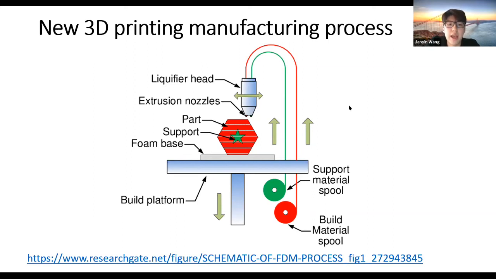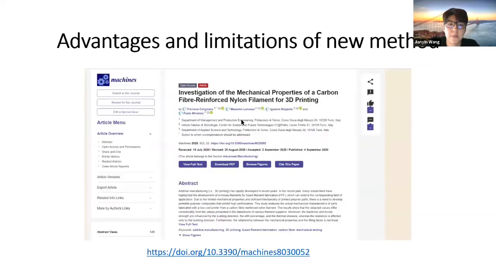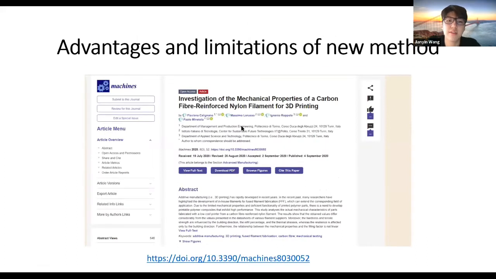Several studies have been conducted related to FFF and carbon fiber composites. According to an investigation of the mechanical properties of a carbon fiber reinforced film for 3D printing, a film made from carbon fiber and ABS polymers significantly increases the strength and stiffness of the final parts.